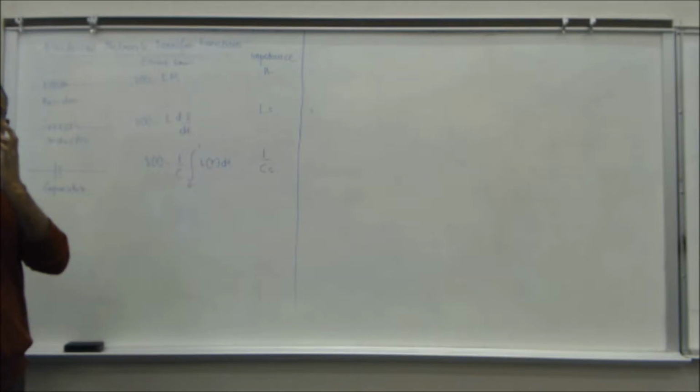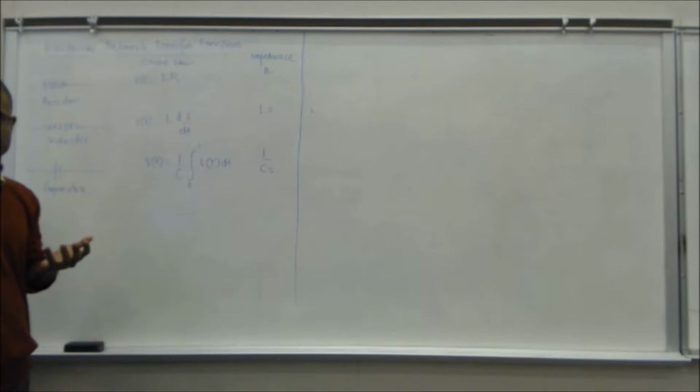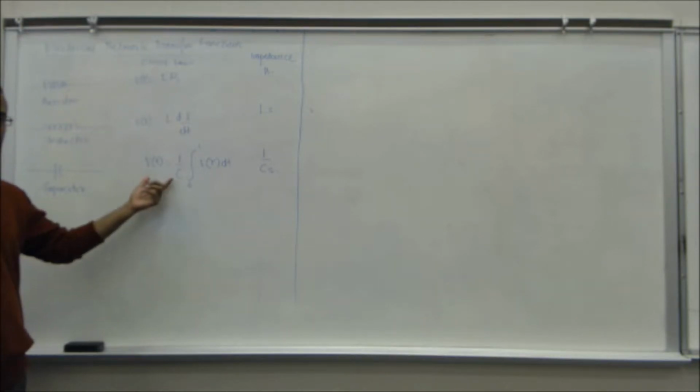What is current? What do you understand by current? It's a flow of something. Flow of electrons, right? So there is a potential difference. What is the potential difference? Where do electrons flow?